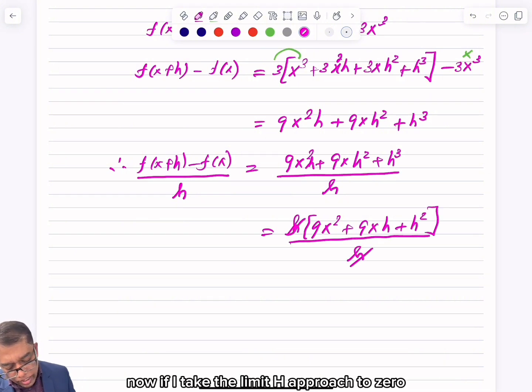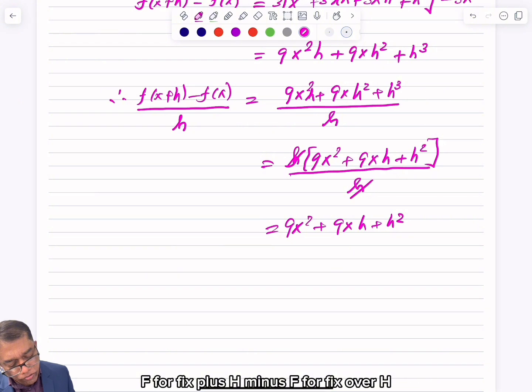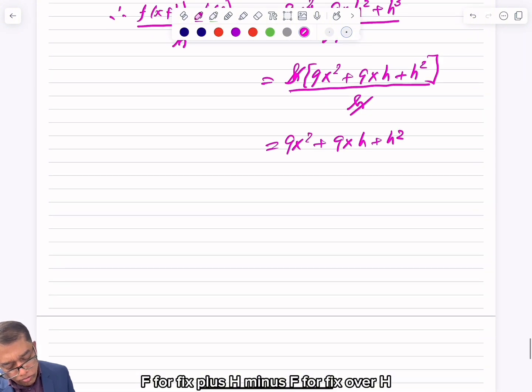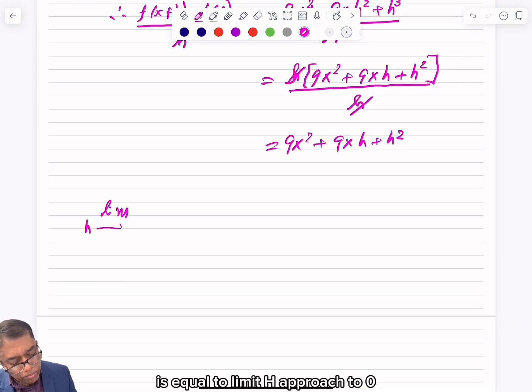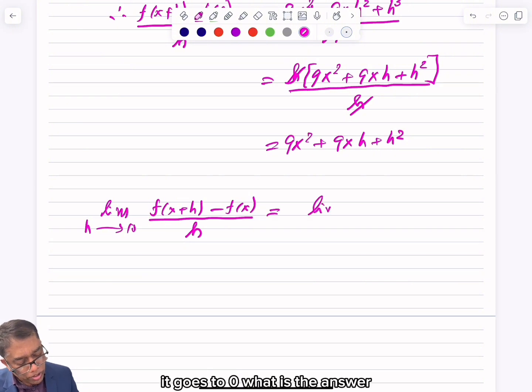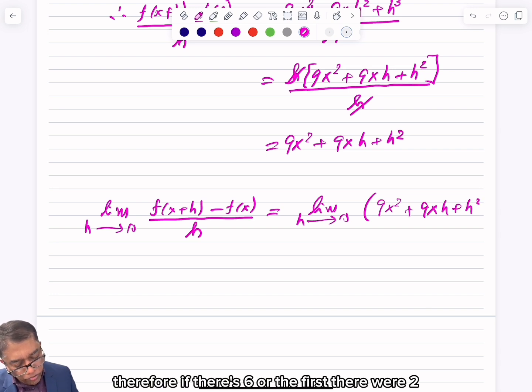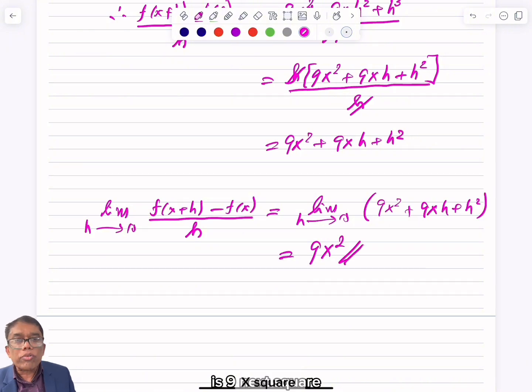Now if I take the limit as h approaches 0, f(x plus h) minus f(x) over h is equal to the limit as h approaches 0 of 9x squared plus 9x h plus h squared. As h goes to 0, what is the answer? It is 9x squared. These two terms are 0. Therefore, f dash x, or the first derivative, is 9x squared.